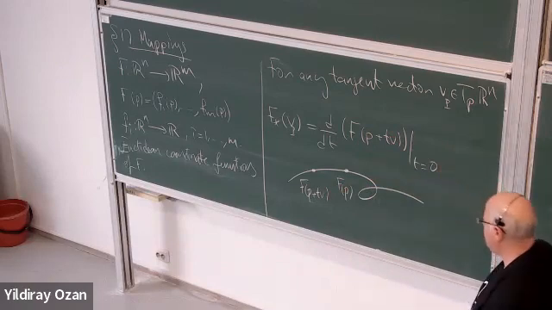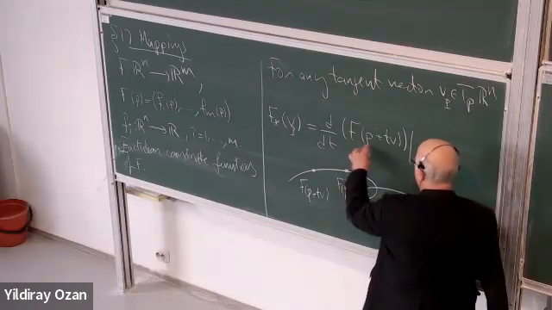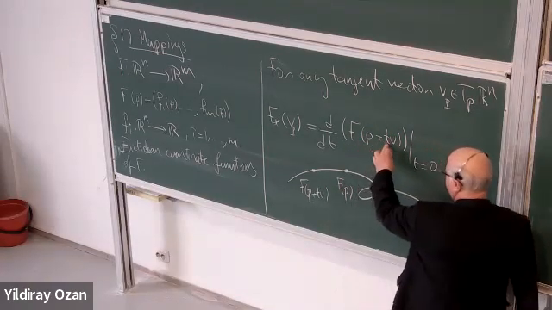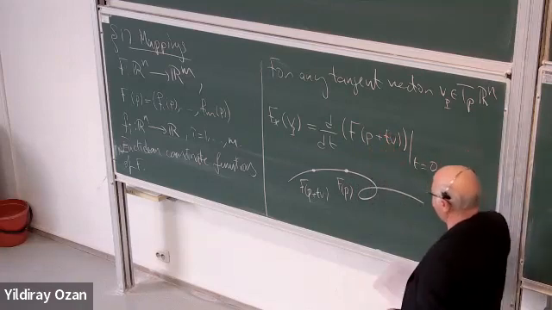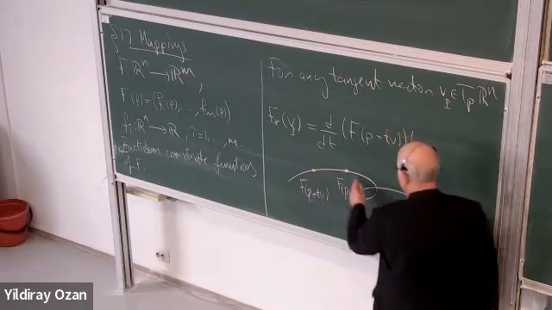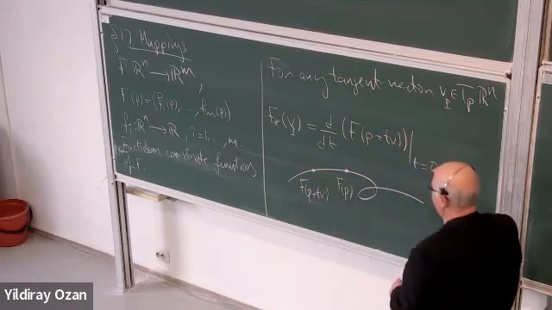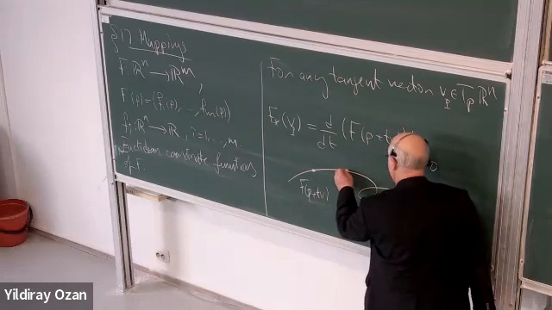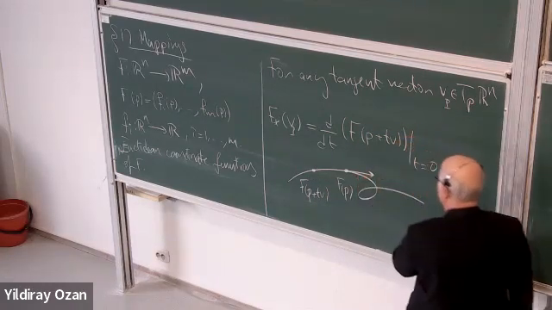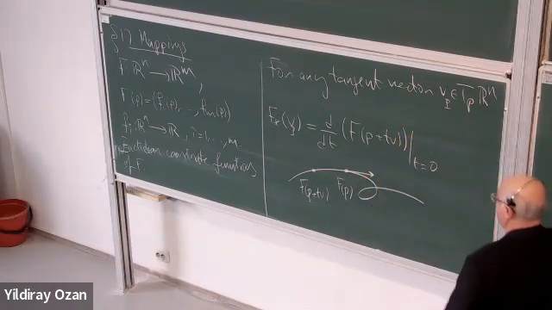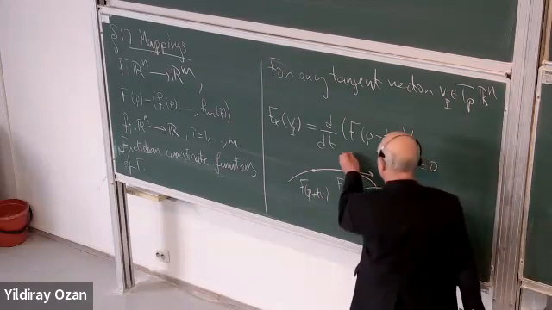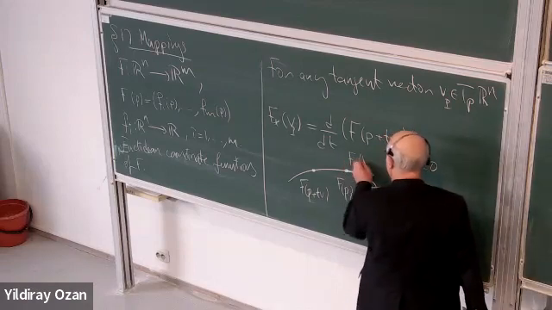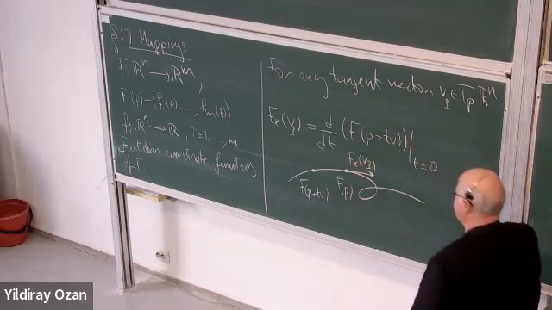And I just take the derivative of this expression considered as a function of t. As t passes, I move on this curve, and I take the velocity vector of the curve at this point, and we call this vector f star vp.